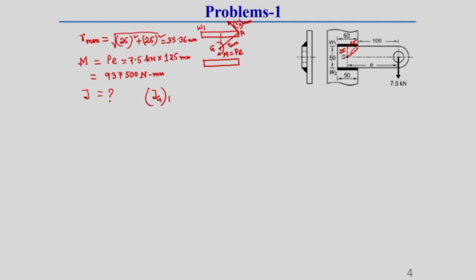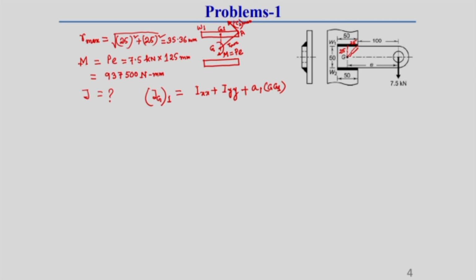So, J about G of weld 1 is equal to, I have already told you, Ixx plus Iyy plus, due to the parallel axis theorem, area of weld 1 into distance between G to G1. G1 is the center of gravity of weld 1.